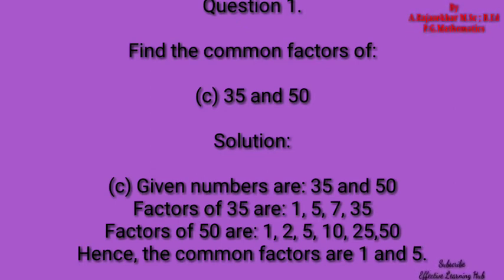Factors of 35 are 1 thirty-five is 35, 5 sevens are 35, 7 fives are 35, 35 ones are 35. So 1, 5, 7, 35. Next, factors of 50 are 1, 2, 5, 10, 25 and 50. So the common factors are 1 and 5.